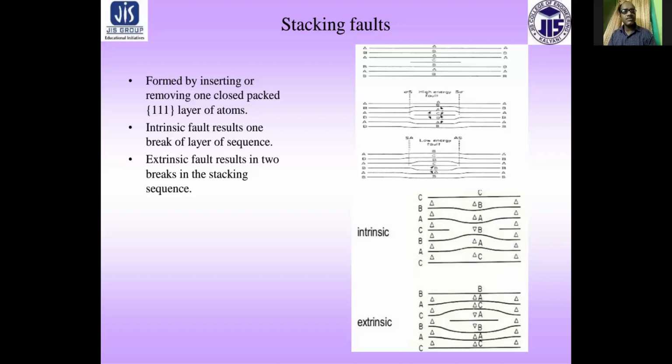The third plane is stacked similar to the first, and the fourth plane similar to the second, and so on.